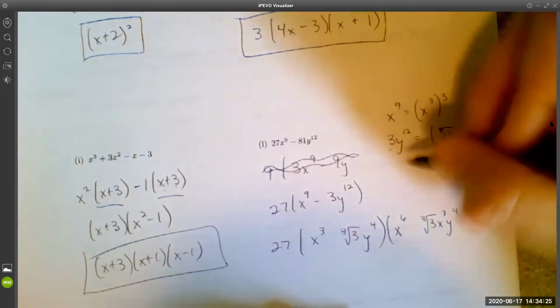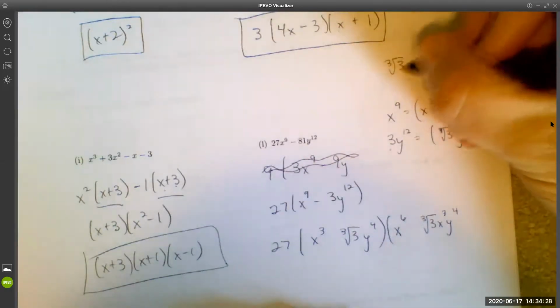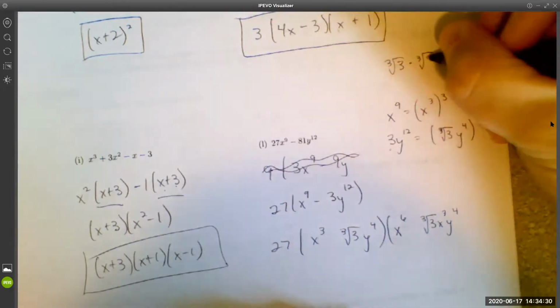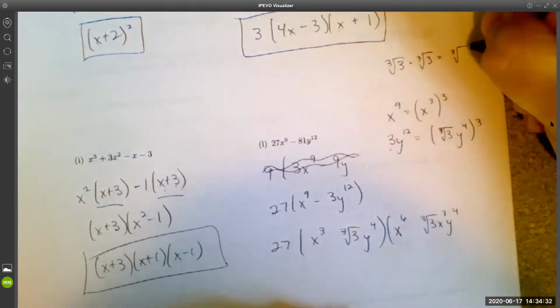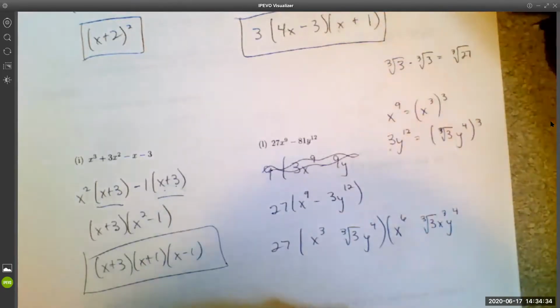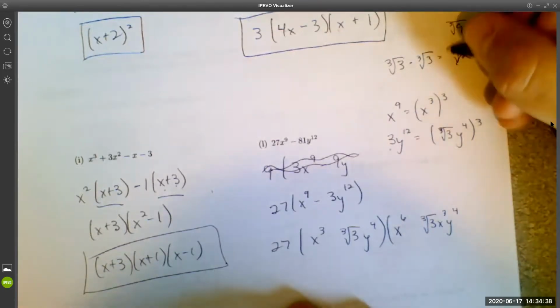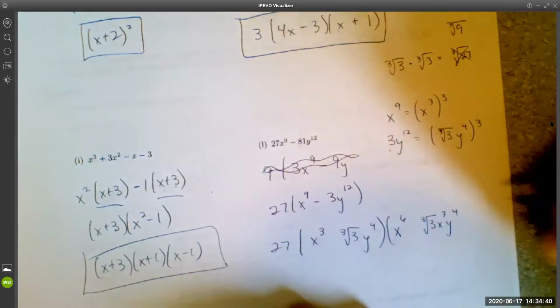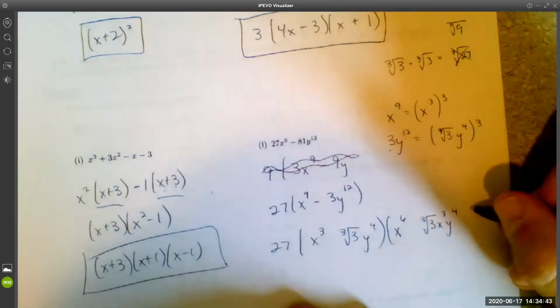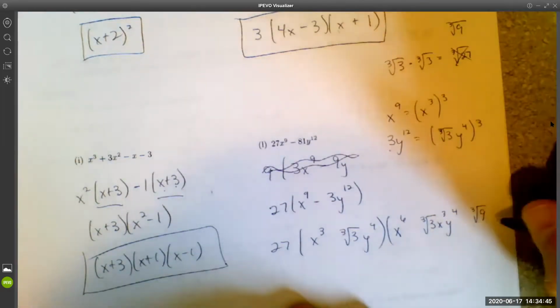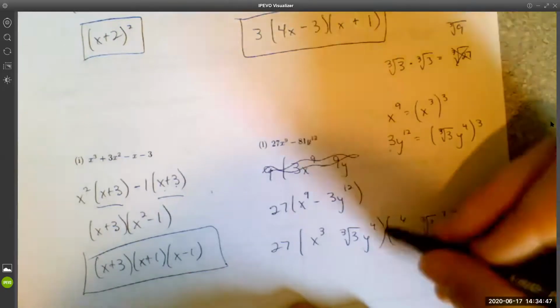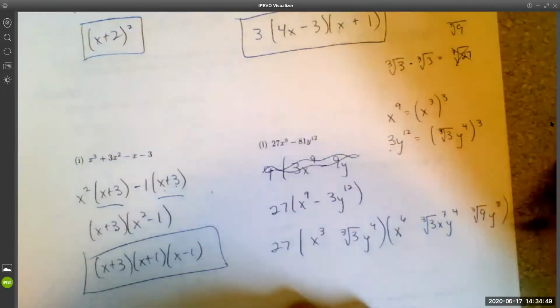Oh, goodness. I mean, cube root 3 times cube root 3 is cube root 27. Nope, cube root 9. My apologies. Cube root 9. Okay, so this should be cube root 9, y to the 8th, right?